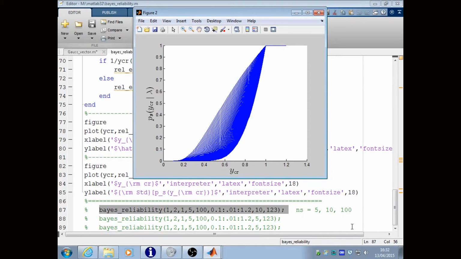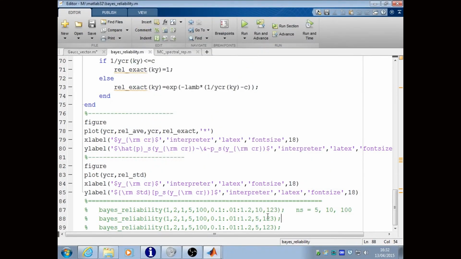Now, let's try to do the same thing with more samples. Oops, no, I did the wrong thing. He told me what to do and I didn't do it right. Highlight and F9.